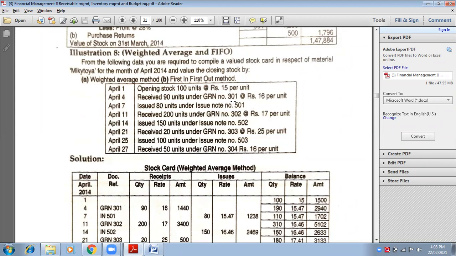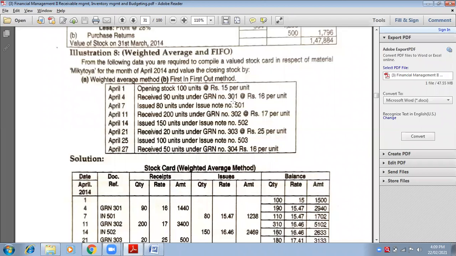So what will we write in the receipt column? 90, 16. Very good. Amount will be 1,440.